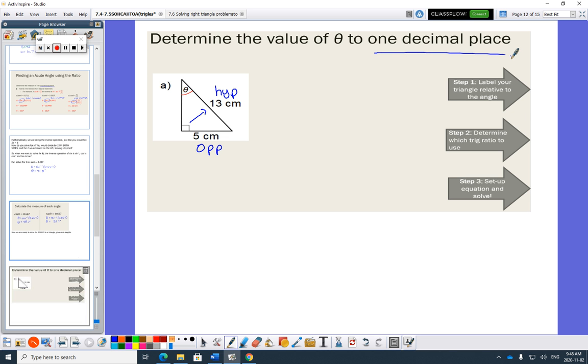So opposite and hypotenuse, what ratio is that? Sine. So again, if you like acronyms: sine is opposite over hypotenuse, cos is adjacent over hypotenuse, and TOA: tan is opposite and adjacent.